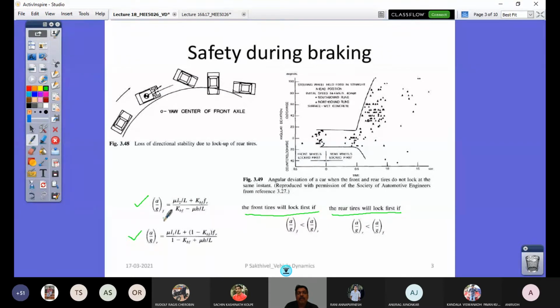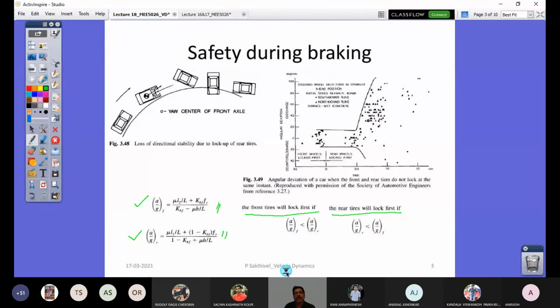What do you mean by A by GF? It is a deceleration associated with the vehicle for the expected front wheel lock first. A by GR is the deceleration of the vehicle for the expected rear wheel lock first. So you have this expression. How you derive this expression is what today I'm going to explain to you. And then we will look at that physical scenario, what would happen in this, right?